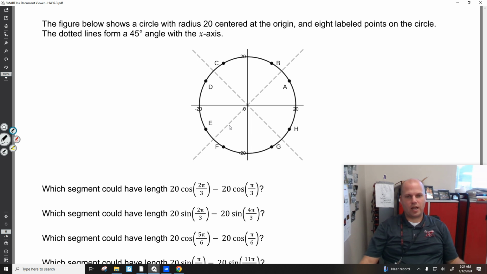Which segment could have 20 cosine 2 pi over 3 minus 20 cosine pi over 3? I'm thinking this is 2 pi over 3. If this was a radius 1 multiplied by 20, this would be a half times 20, which is 10. But it's negative 10.